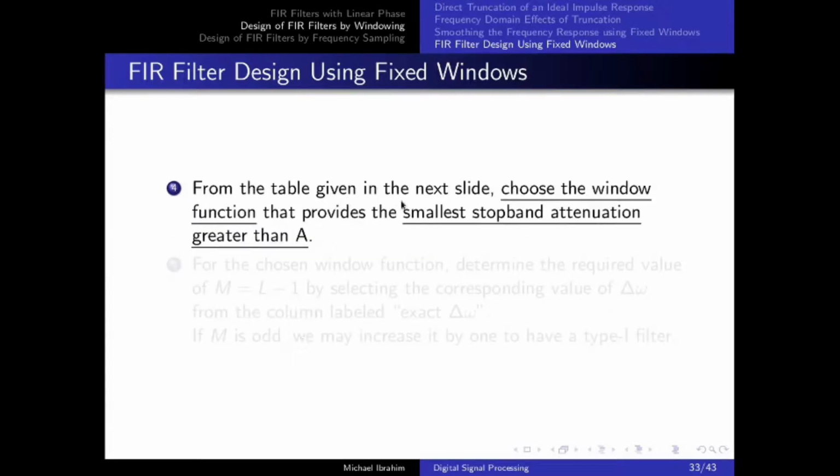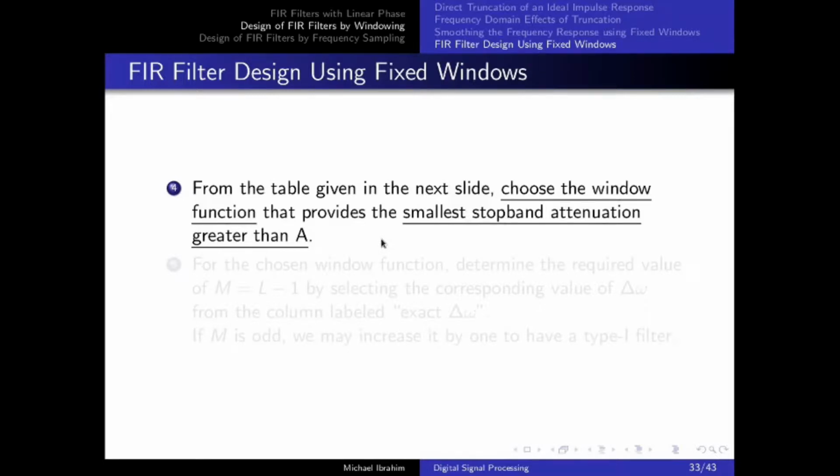Next step, we have a table from which we can choose the window function. Based on what? Based on the stop band attenuation A. We'll choose the window which provides the smallest stop band attenuation greater than A. So this statement will be made more clear in the next example.